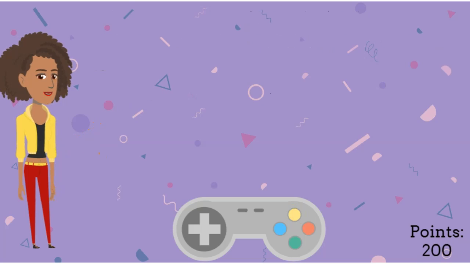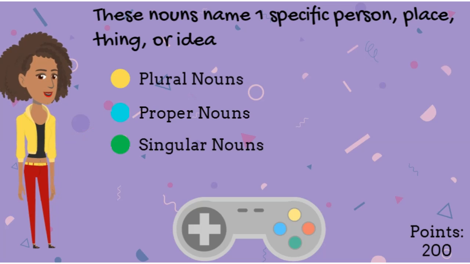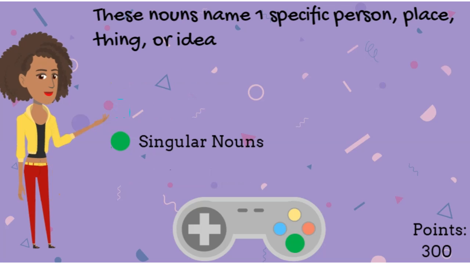Now you have 200 points. Third question. These nouns name one specific person, place, thing, or idea. Right again. Wow, you're at 300 points.